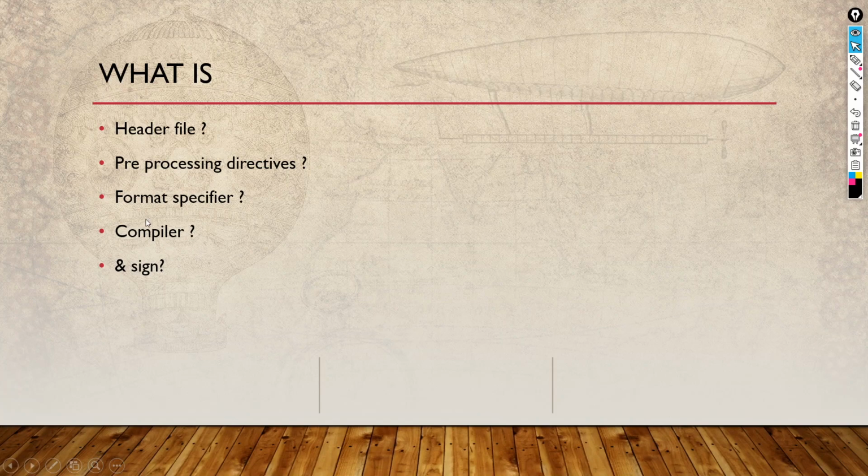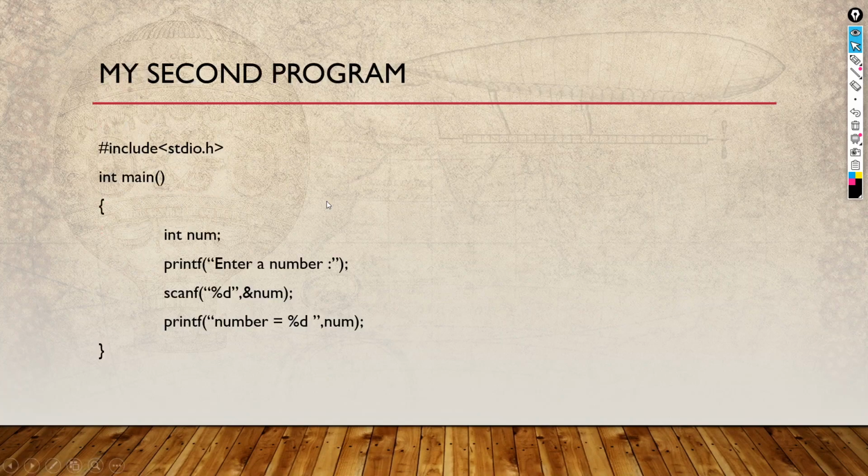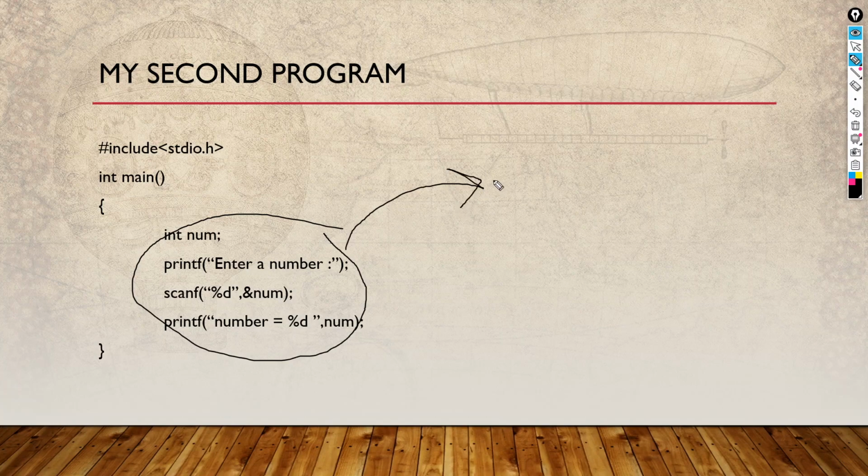What is a compiler? A compiler is needed to compile this source code. This is the source code, and the computer doesn't understand this source code. What the compiler does is make this .exe file, and .exe is completely machine code which the computer can understand. So basically the compiler does that.